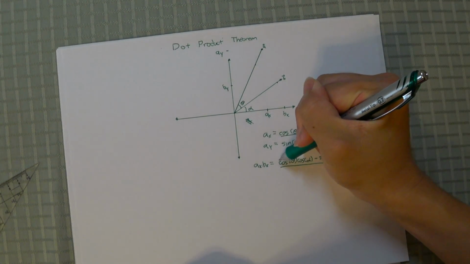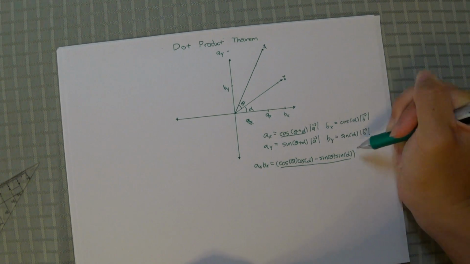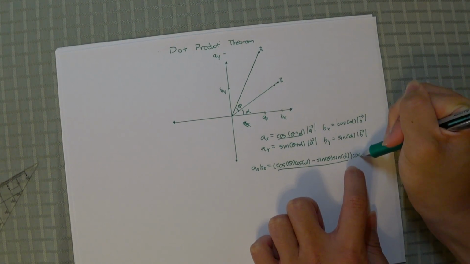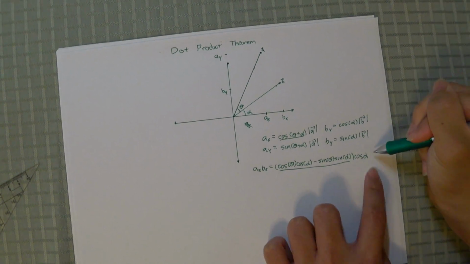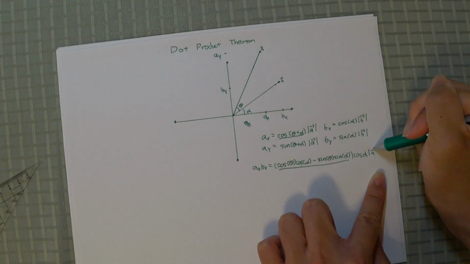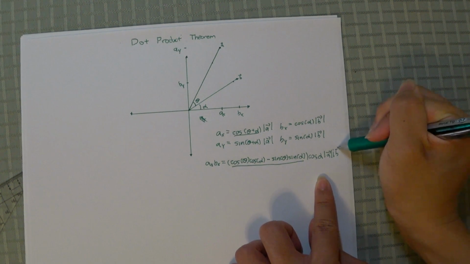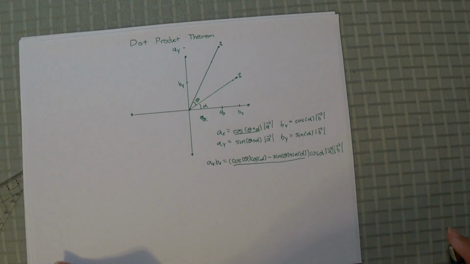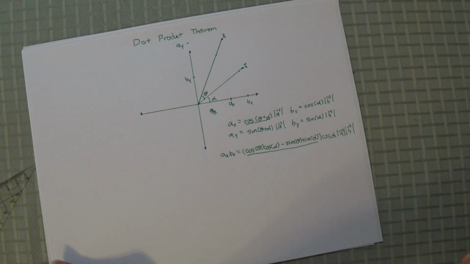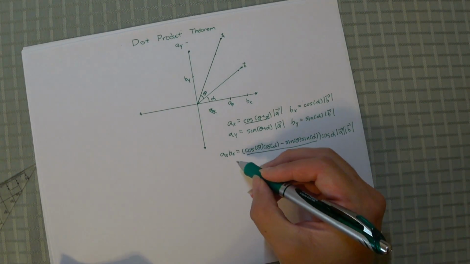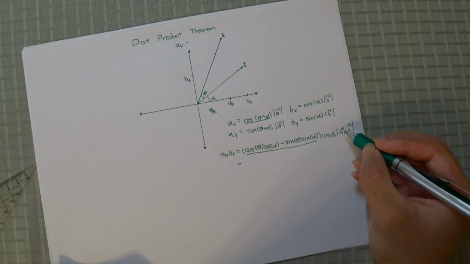And then you multiply this by cosine theta and the magnitude of vector A and the magnitude of vector B. So we could distribute this cosine theta into cosine alpha.